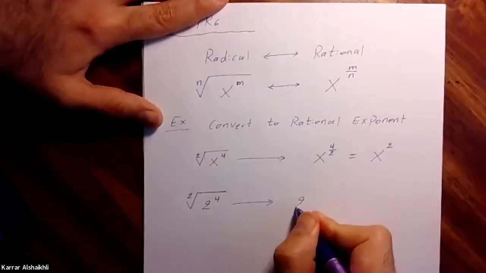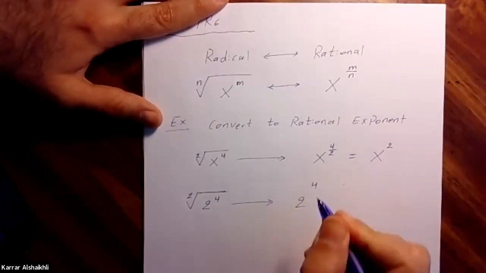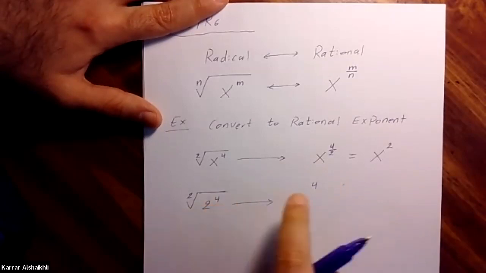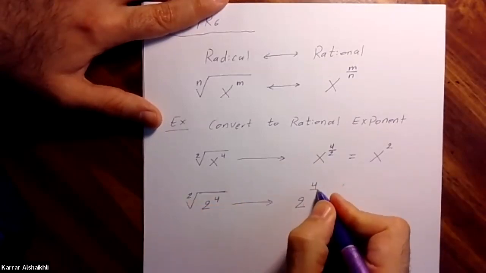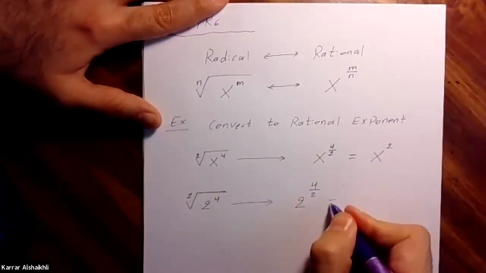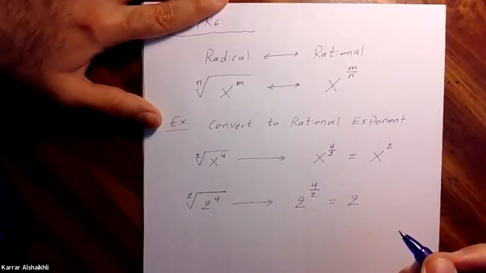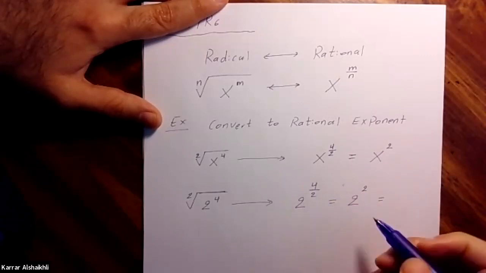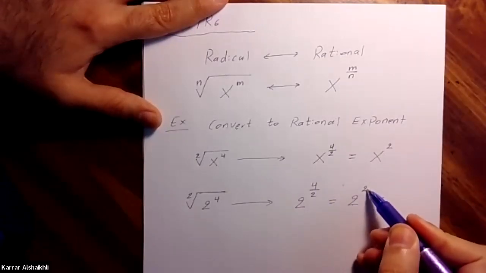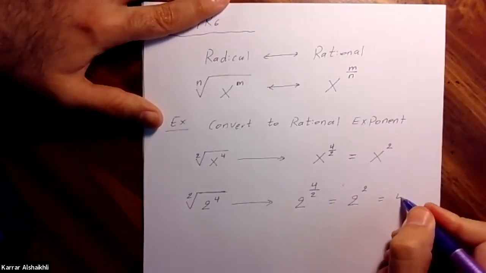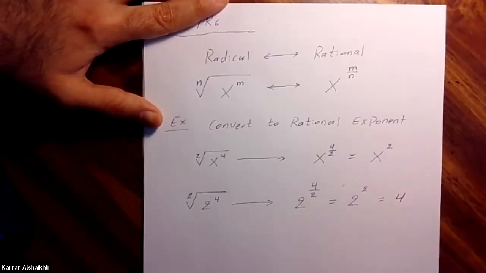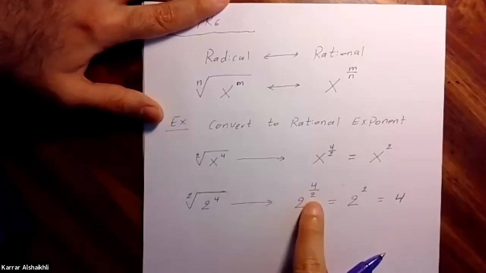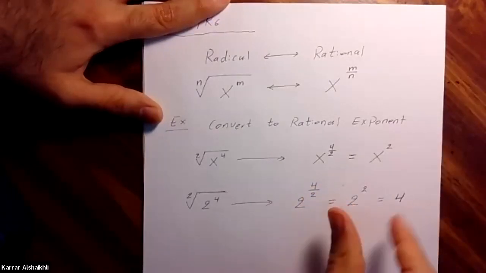So it's going to be 2, with this one on the top and this one on the bottom. 4 divided by 2 gives the exponent 2. 2 to the exponent 2 means 2 times 2, which is 4. We convert from radical to rational exponents, and we simplify it.